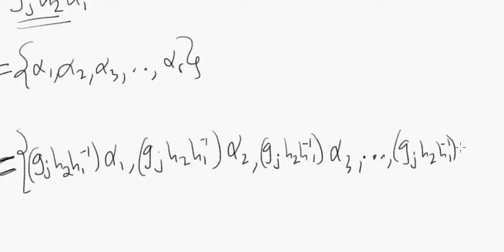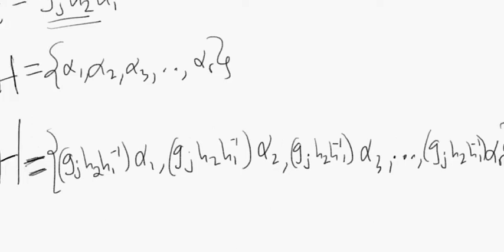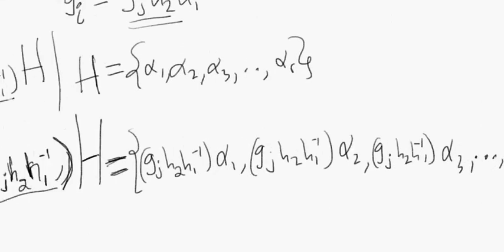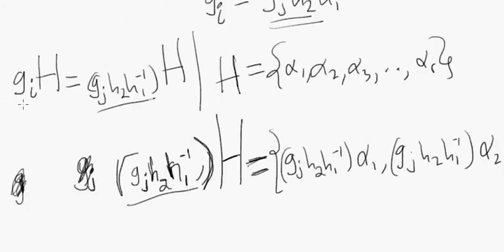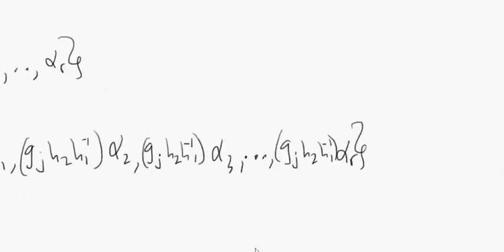So that turns out to be our coset, which is the same as GiH.